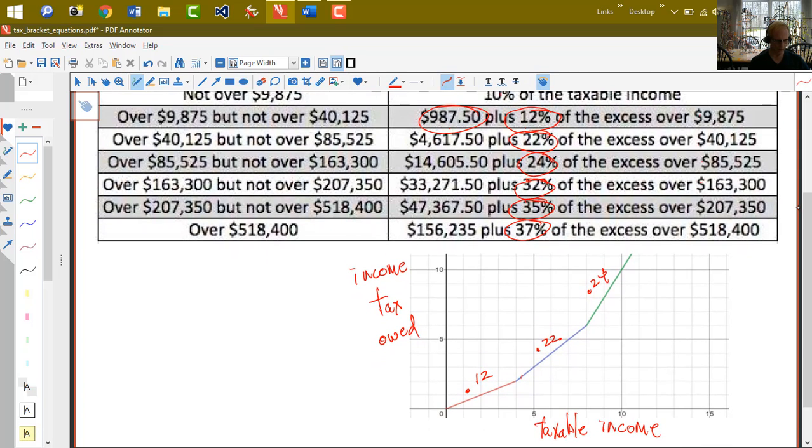Okay, so then how do we write the equations for these lines? Well, these little line segments in our piecewise function, we already know what the slope is for the corresponding line segment. And that slope value is whatever the percent is for that tax bracket.